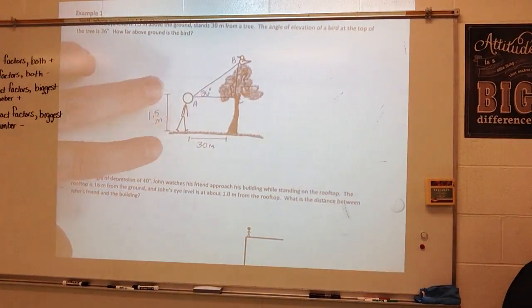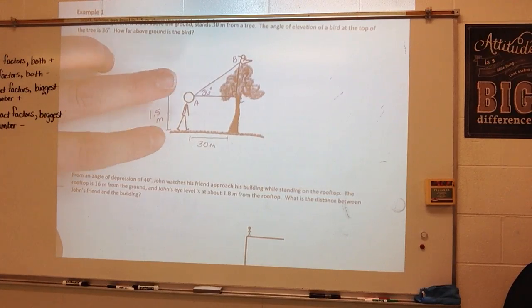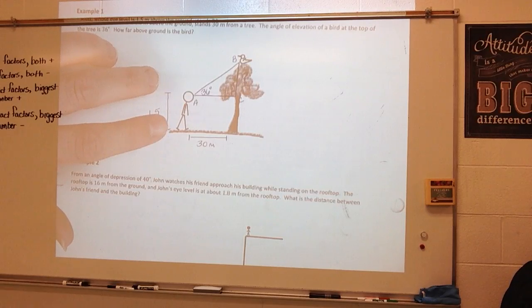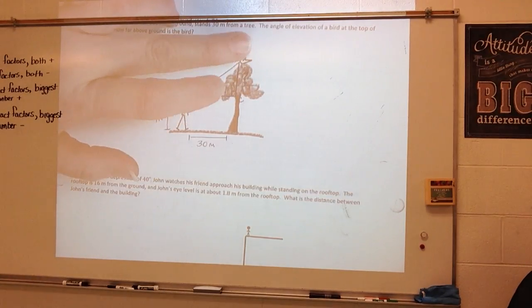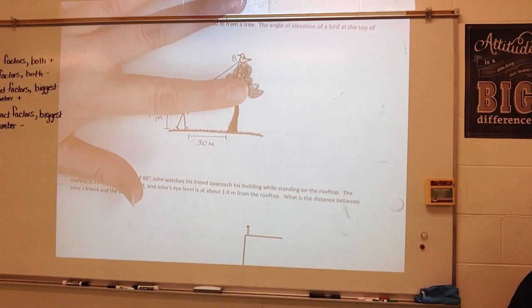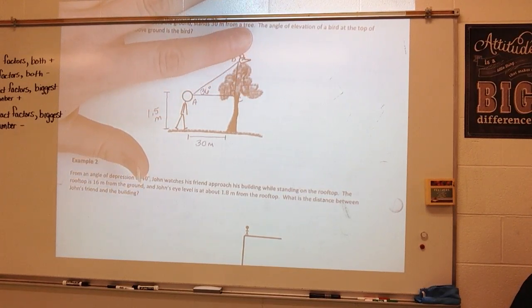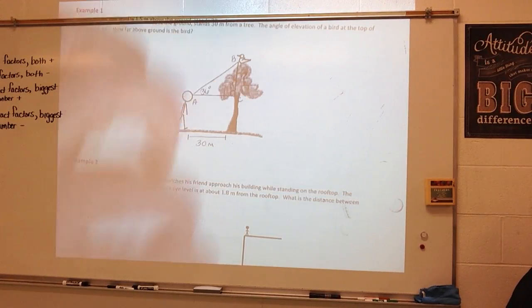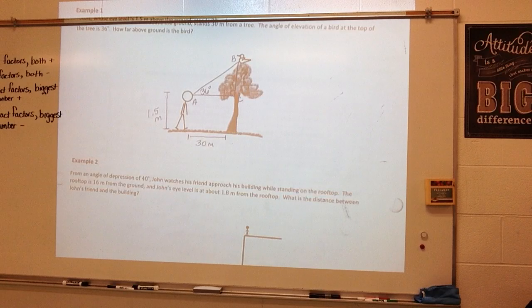The reason is I know how far he is above the ground. Now I just have to figure out how far above his line of sight the bird is, so this part right here. How do we find BC?